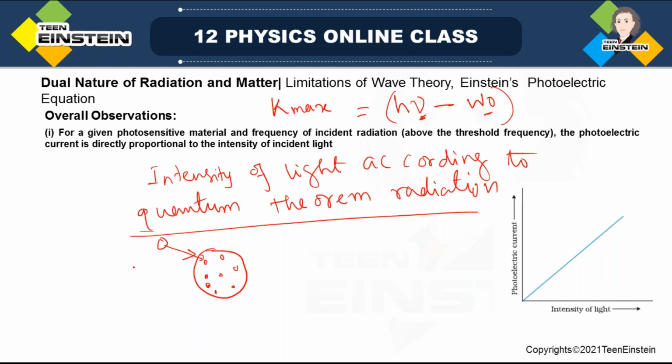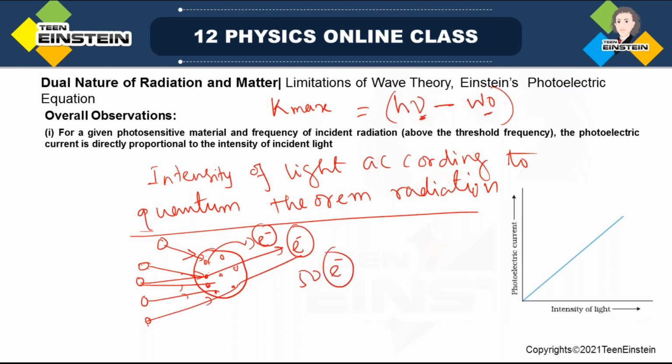So if initially I have some 10 photons, they can interact with only 10 electrons, or here I have drawn 2, so it can emit 2 electrons here and here. But if I have 50 such photons per unit area, they can interact with 50 different electrons, and all 50 can be emitted.